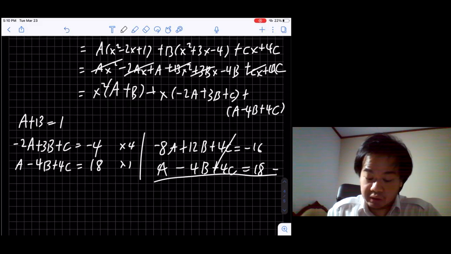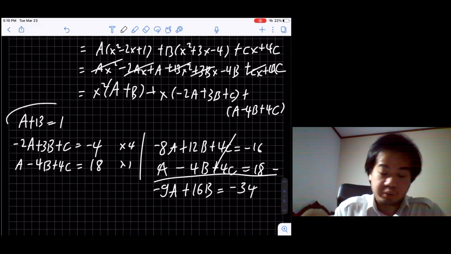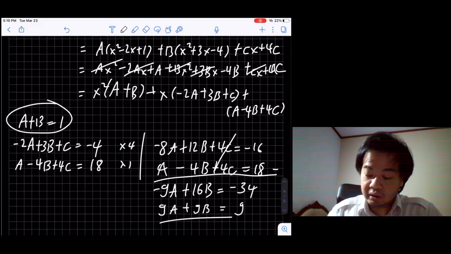Then I will have negative 9a plus 16b equals negative 34, and then multiply by 9. I have 9a plus 9b equals 9.